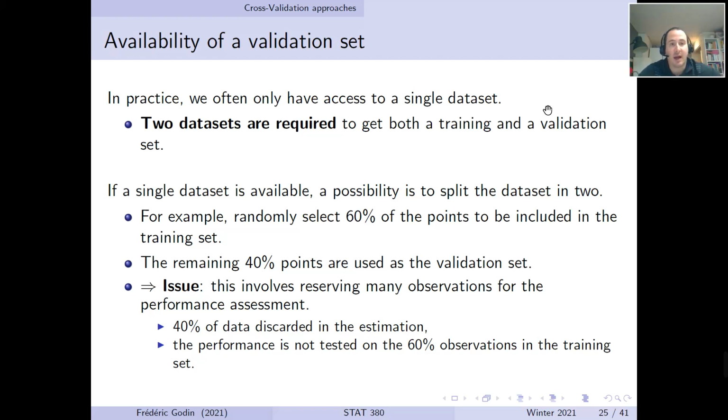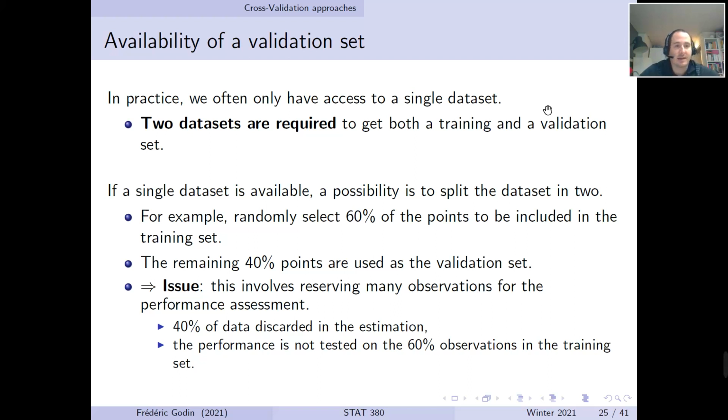Sometimes we only have one data set, but an easy approach in that case would consist in splitting the single data set into two parts. So let's say we can take 60% of the observations randomly from the data set, put them in the training set, and we take the remaining 40% of observations within the validation set.